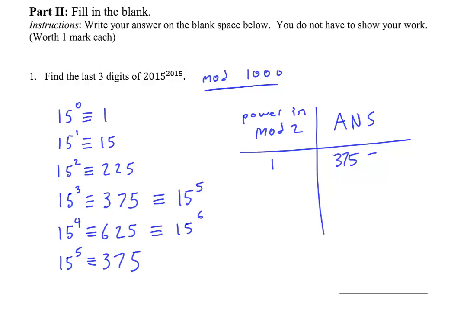And if our power is 0, those are the even numbers, so 15 to the power 4, 15 to the power 6, and so on, the answer is 625. So in our case, our power is odd, so the answer is 375.